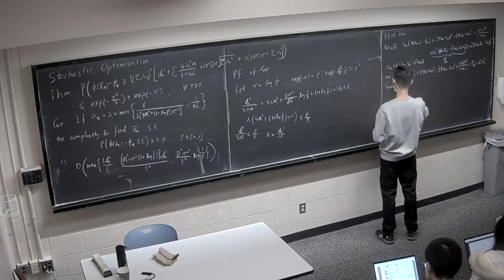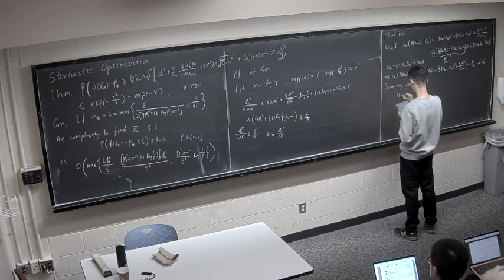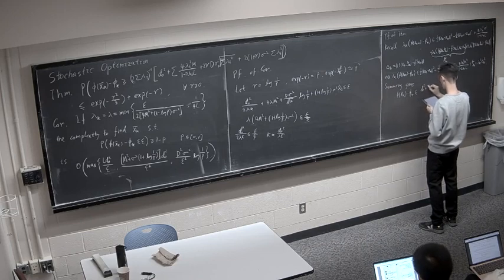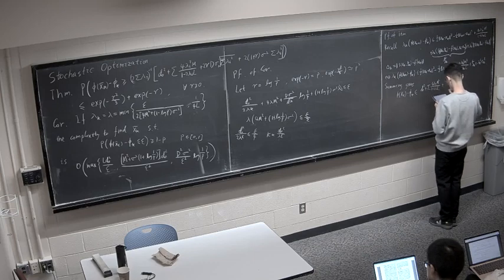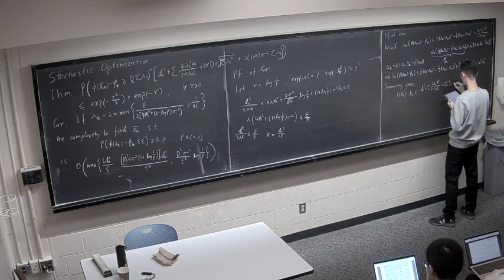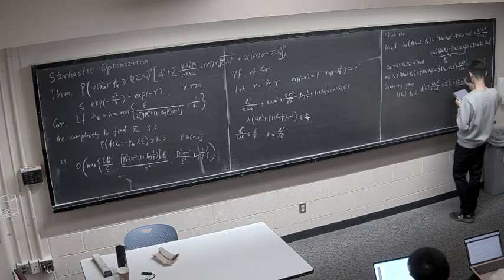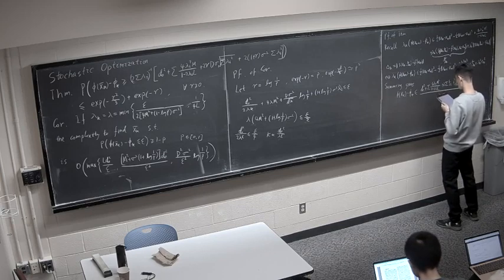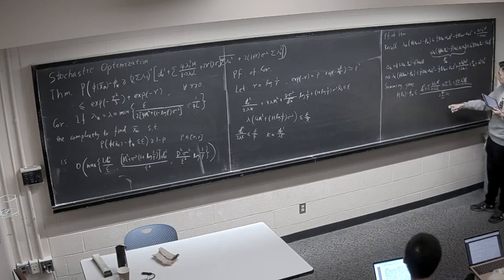Okay, then we sum this inequality. Here, all the summations are from 0 to k minus 1.